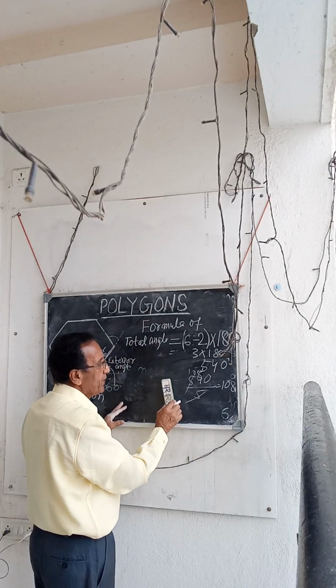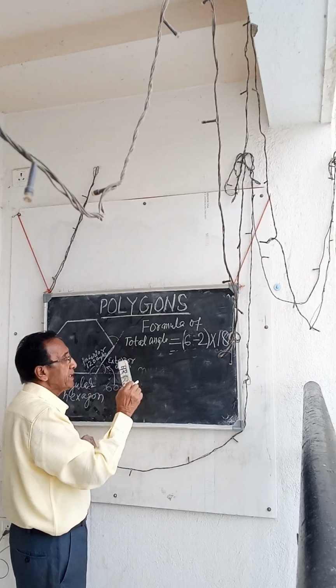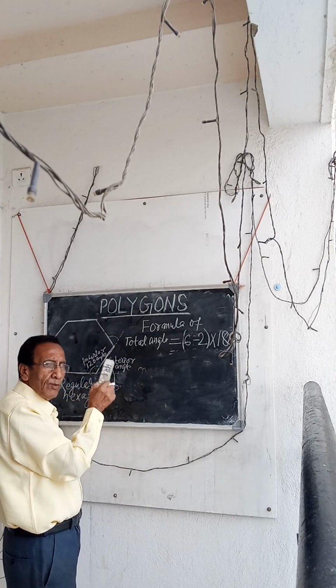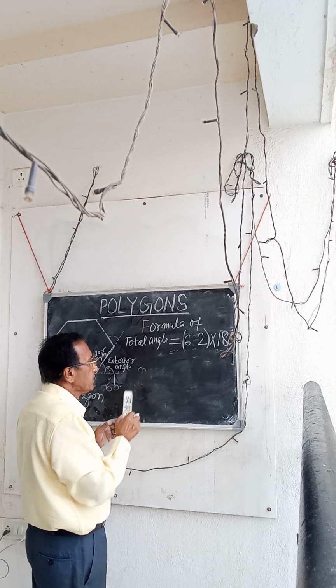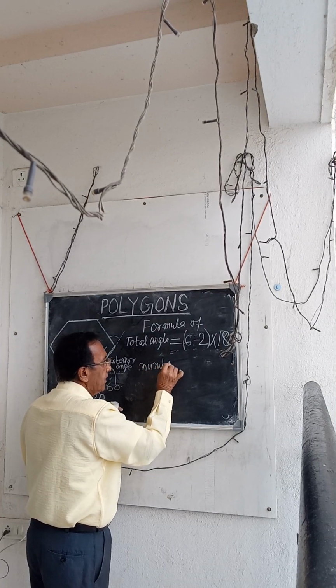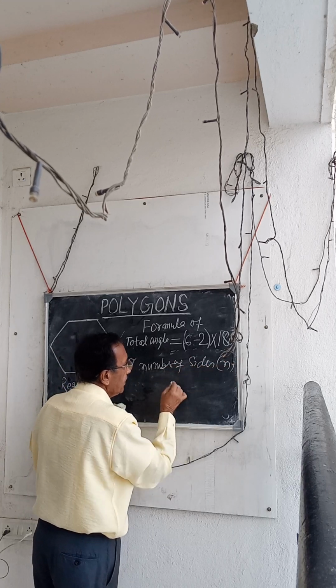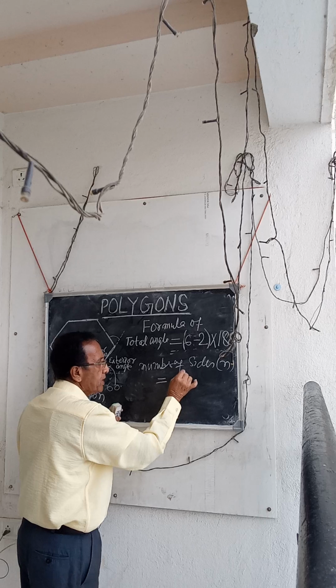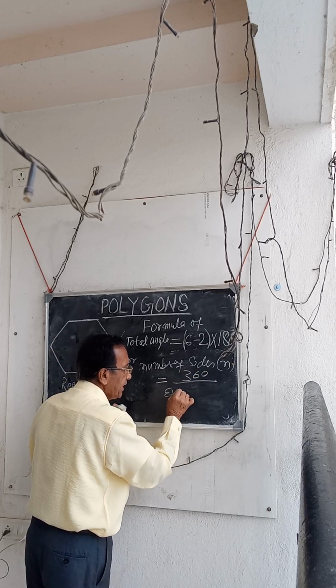Now the next important part is how to find the number of sides. In that case, the interior angle will be given. Then we will find the number of sides. What is the formula for number of sides? Number of sides n is equal to 360 degrees divided by the exterior angle.